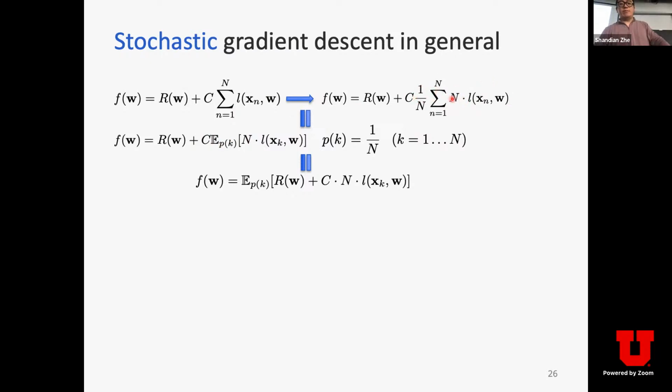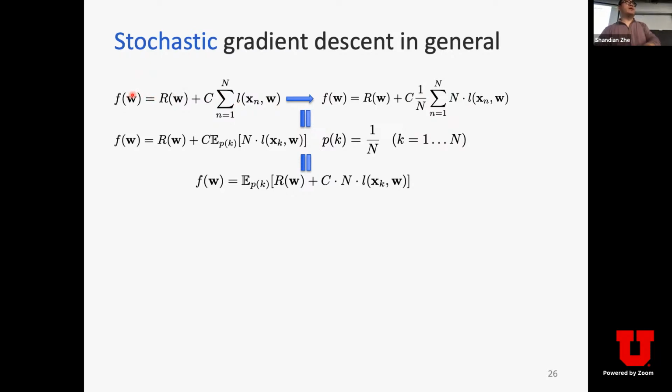Every possible example x_n, when it is picked up, the loss will be n times L of x_n and W. If you take the expectation, that means just doing the weighted summation according to the probability, which is 1 over n. That's why you get this one, and we know that it is equal to this one. That reduces to the original objective function.